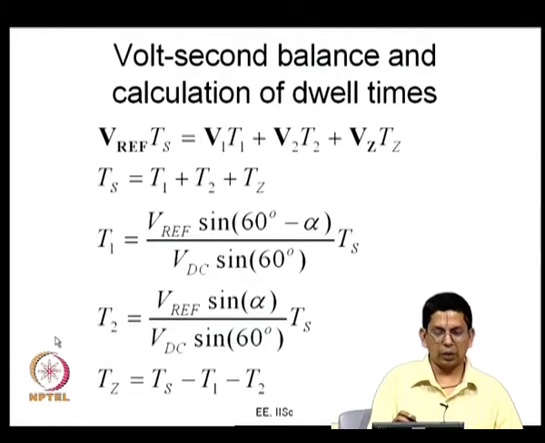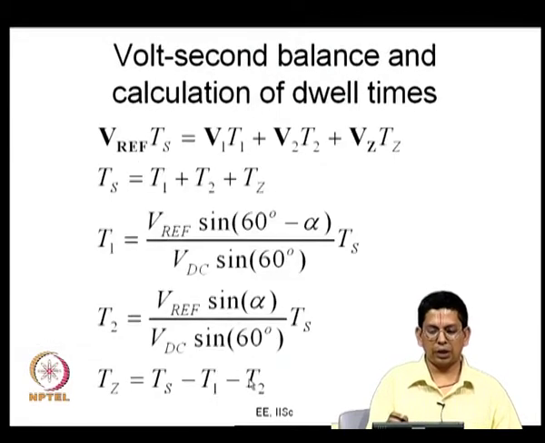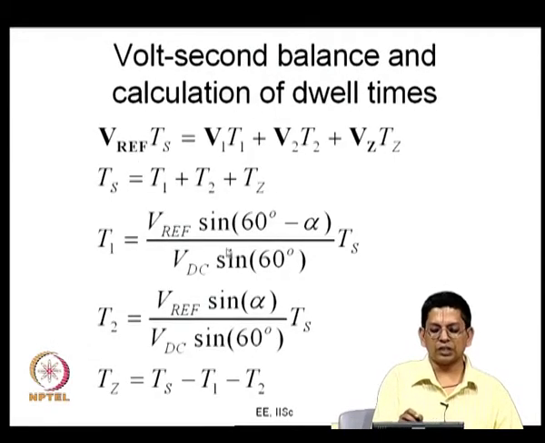From the previous page, these are vectorial equations, so you can decompose them along the alpha axis and beta axis and come up with these values for T1 and T2. You will get T1 as Vref sin(60 minus alpha) times Ts divided by VDC sin 60. Similarly, you will get T2 as Vref times sin alpha multiplied by Ts divided by VDC sin 60 degrees.